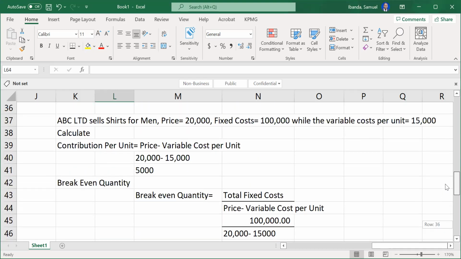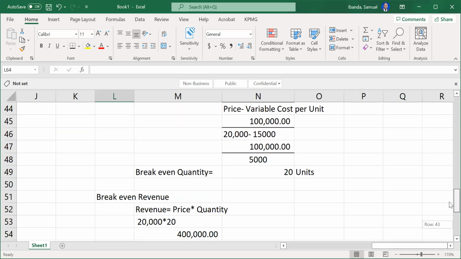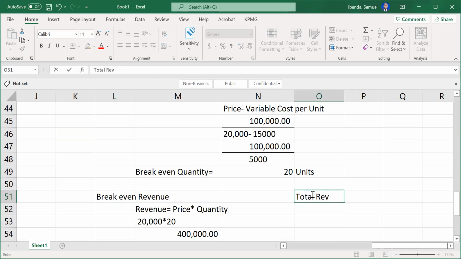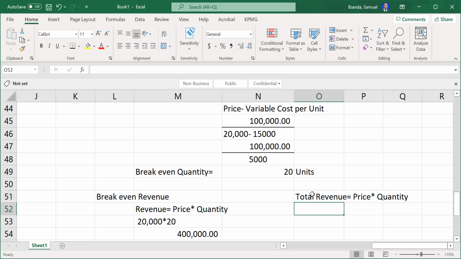If I proceed, I need to just answer this question. Somebody's asking, what's the difference between total revenue formula and break-even revenue? Now, total revenue is given by price times quantity. That is the standard total revenue formula.